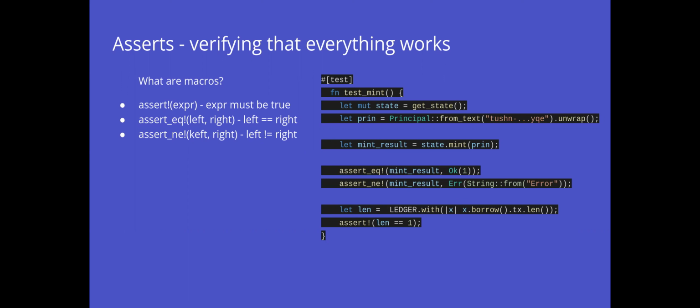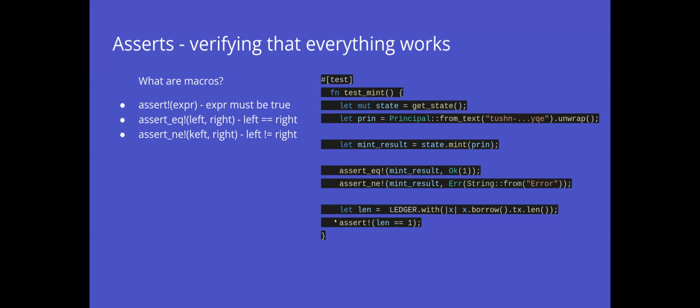And we have three basic types of assertions. The first one simply works on a Boolean expression, so the result must be either true or false. If the result is false, then the whole test fails, and we can see it in the result.